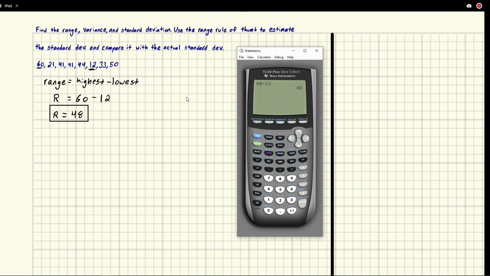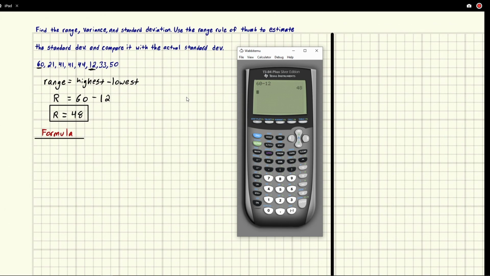So first up, we need the formula for variance. There are two of them, and I highly recommend writing them out, just so you get familiar with them and comfortable with how they look.